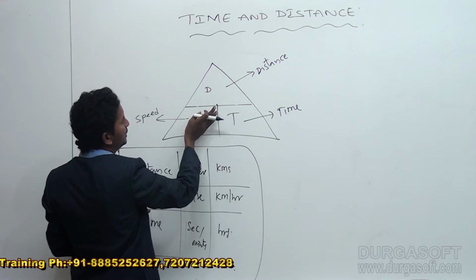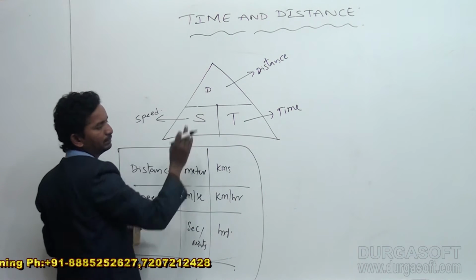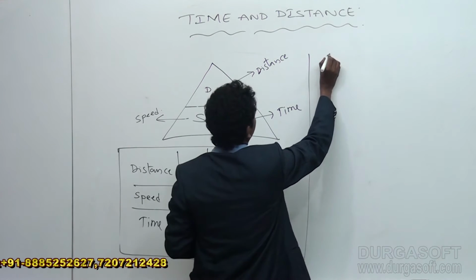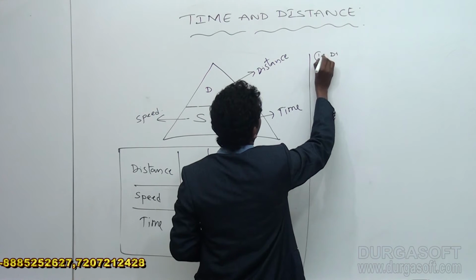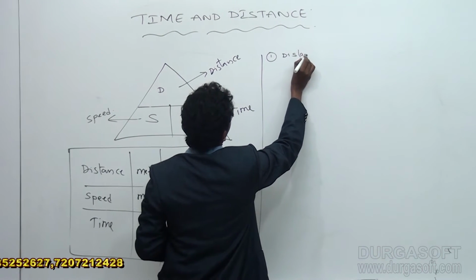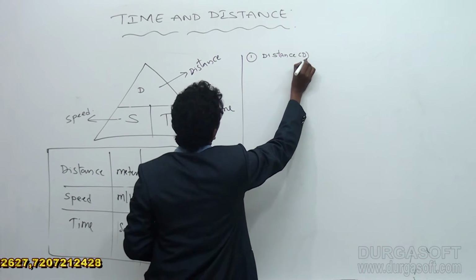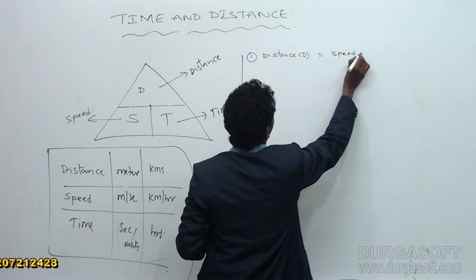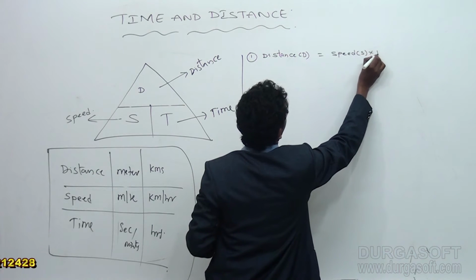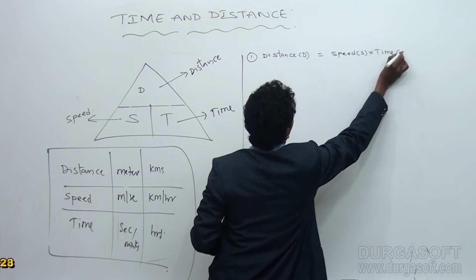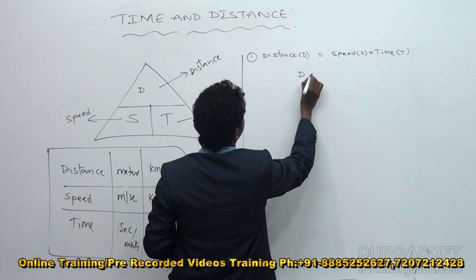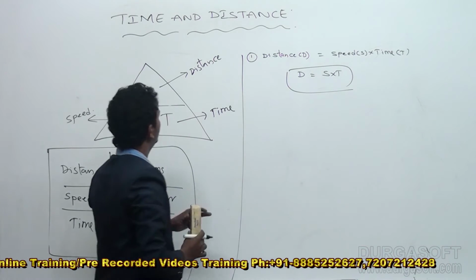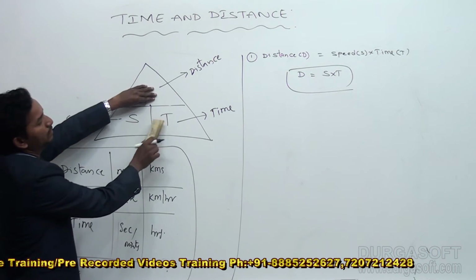So the first formula: distance d is equal to speed s into time t.